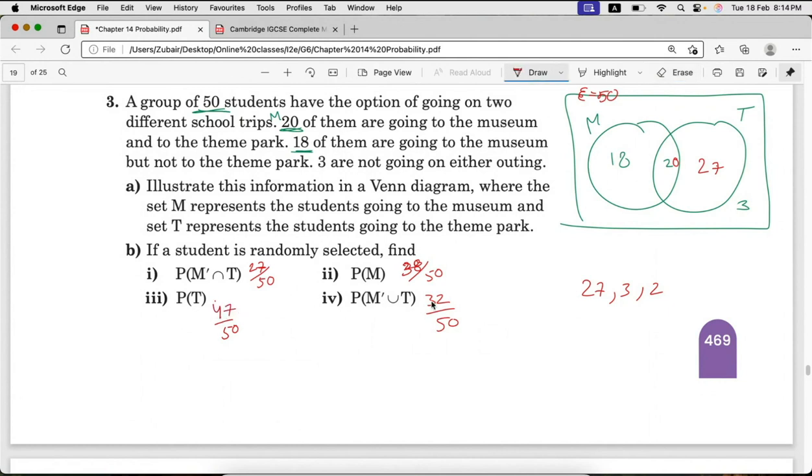And M complement union T. I need to adjust this as well before solving. If total is 50, 20, 18 in this, 30, 30 minus 3 is 27, 9.